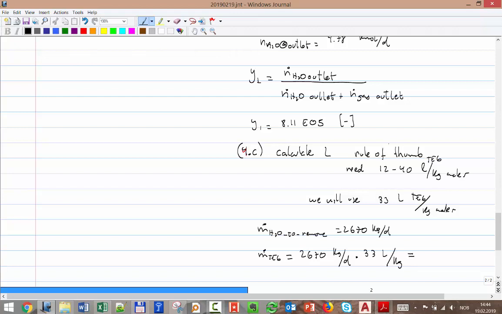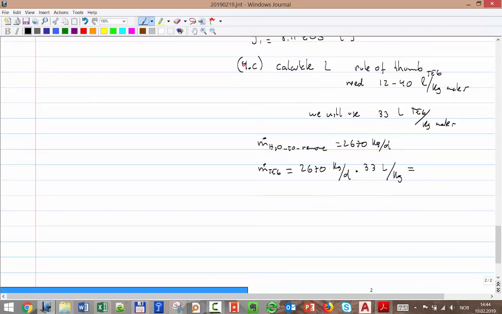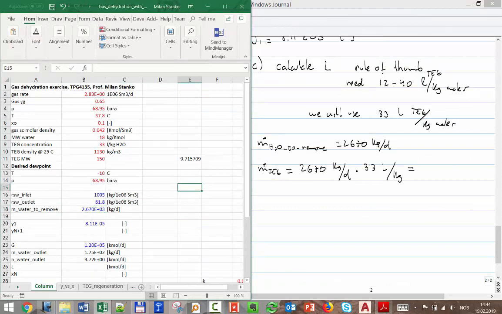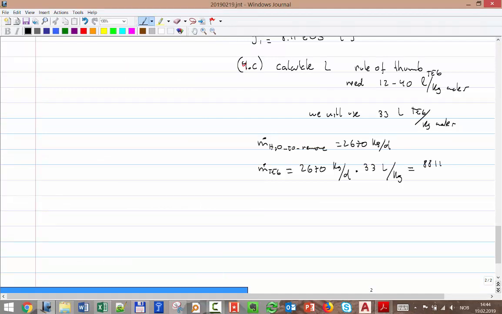So how much is that? Let's calculate 2670 times 33. That gives me 88,110 liters per day of TEG that I need to inject in the column.